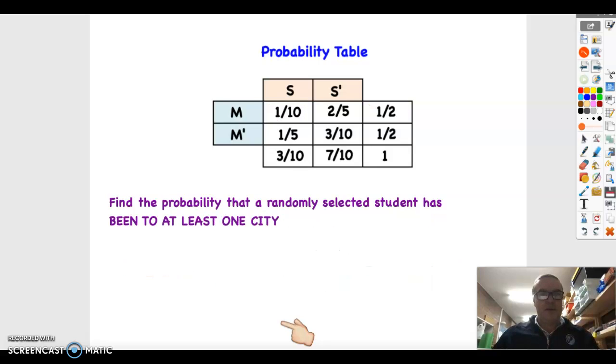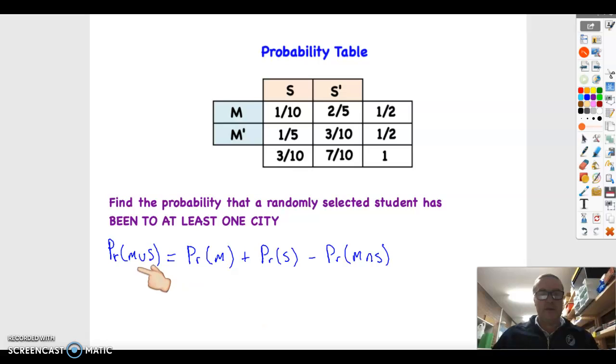Find the probability that a randomly selected student has been to at least one city. So this was about the union. Here we're using the rule that if we're interested in the probability of the union, we're going to add the probability that they've been to Melbourne to the probability that they've been to Sydney. So these two probabilities here.